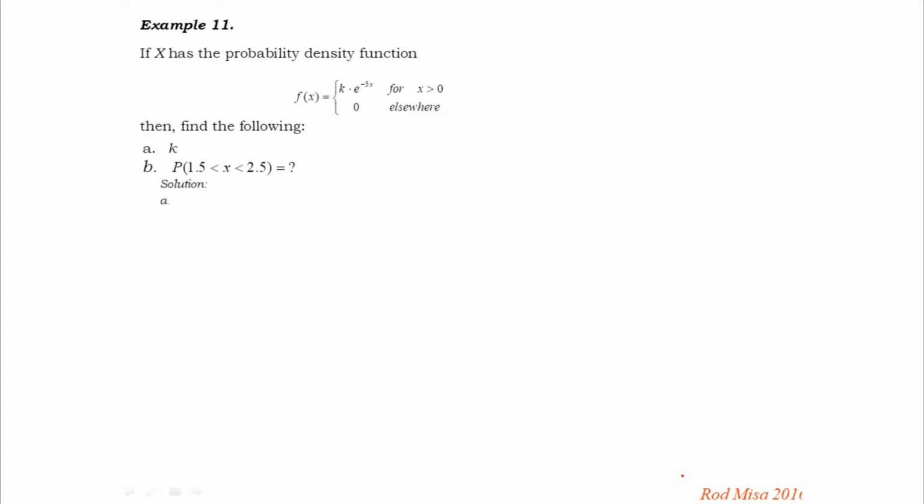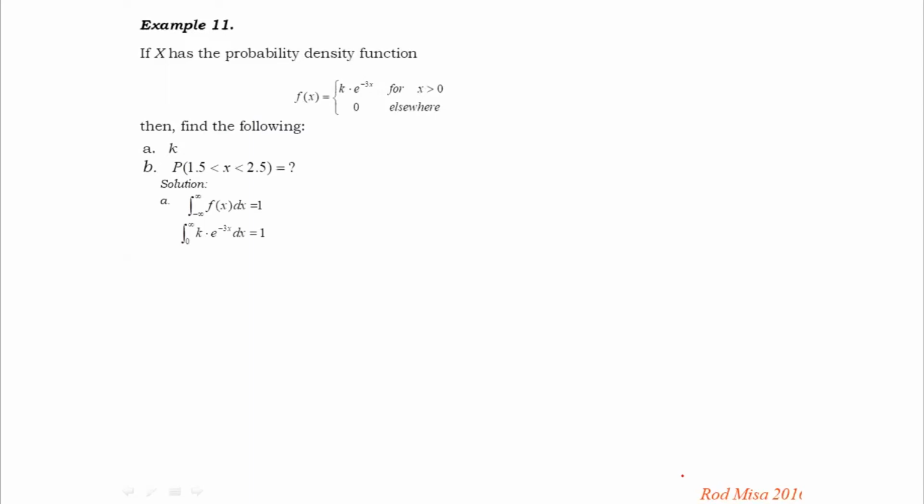So, solving for our k, we need to use our second condition from definition number 7, that the integral of our PDF, the probability density function, with respect to x from negative infinity to infinity is 1 here. And because our domain is only greater than 0, this is having limits from 0 to infinity.